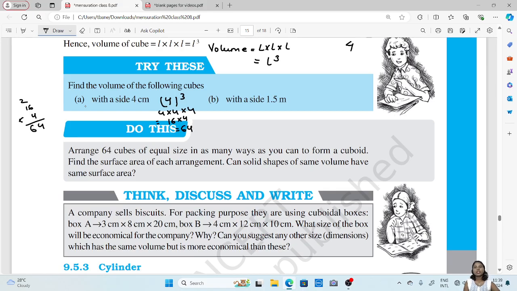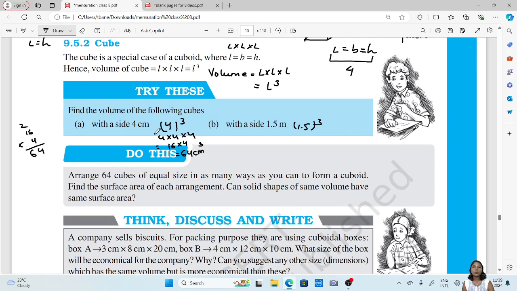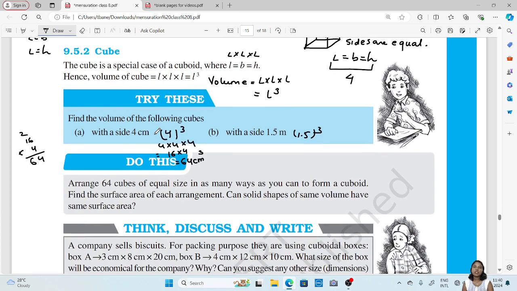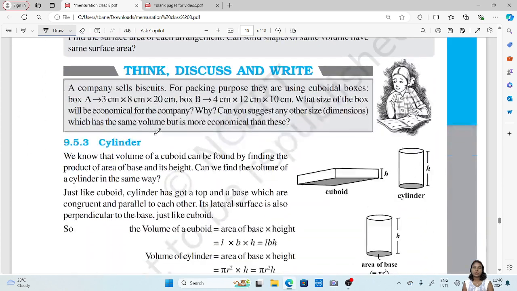So our volume here is 64 centimeter cube. Now with a side of 1.5 meter, again we do the same thing, we take the cube of 1.5. For a cube, we know that all sides are equal, so volume is basically just length cube.